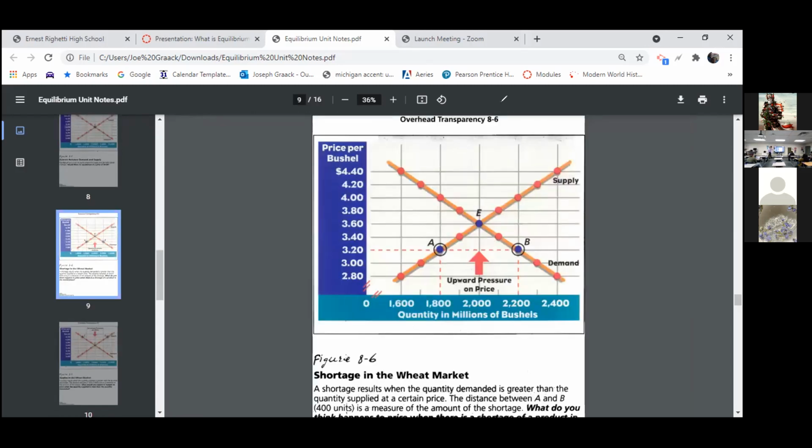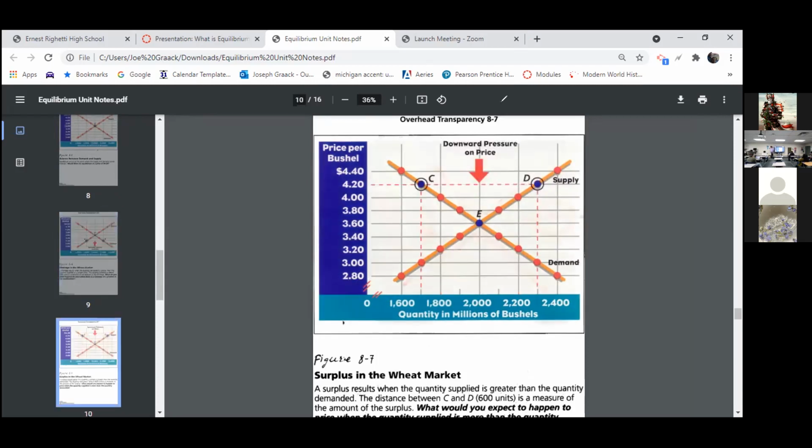As I said, when you have a shortage situation, demand outstrips supply, it's always going to be below equilibrium. Price is always going to be going up. And so that line that's represented by AB shows the price at 320. There's a shortage between the bushels wanted and the bushels available. 400 million bushels is the difference.